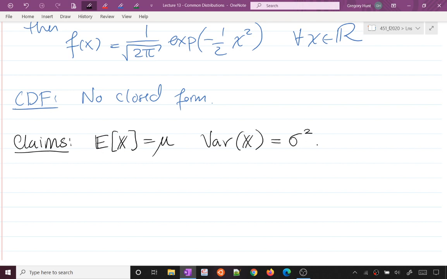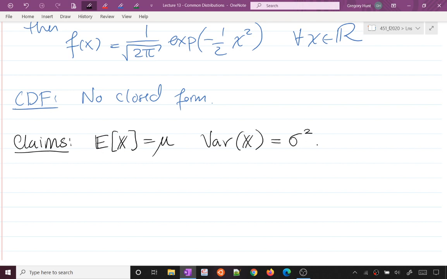So we hadn't actually shown this to be true, but now we should have the tools to do that. And this is going to be a case where using the MGF is actually going to be the simplest way to do this, although maybe not as elegant as you'd like.